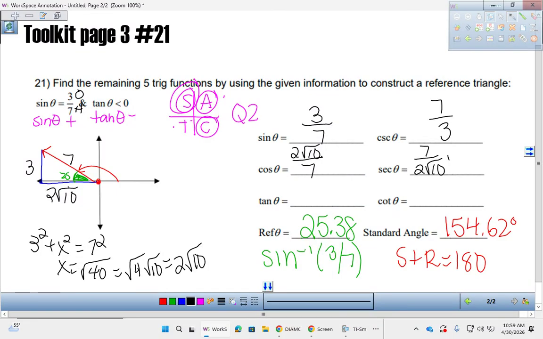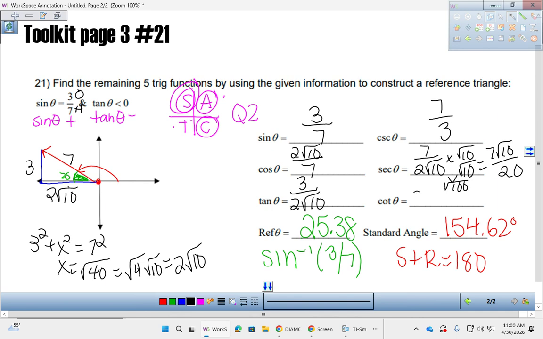And so I'm going to rationalize. The top is 7 root 10. The bottom is 2 times the square root of 100, which is 10. 2 times 10. The bottom is 20. Tangent is opposite over adjacent.